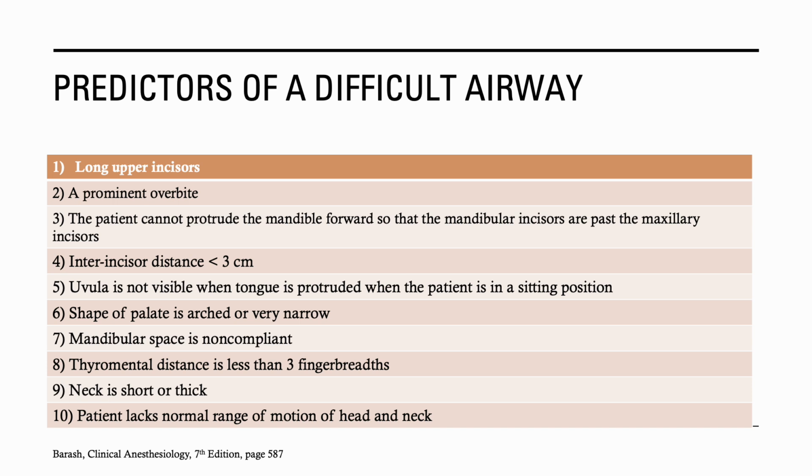Patients having a prominent overbite is one that's commonly tested. And then, of course, lack of normal range of motion in the head and neck leads to challenges. But just take a look at this list and think about each one and how that may make airways more challenging.